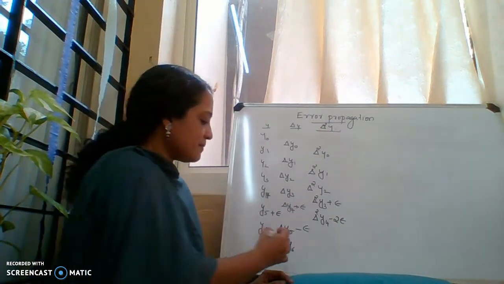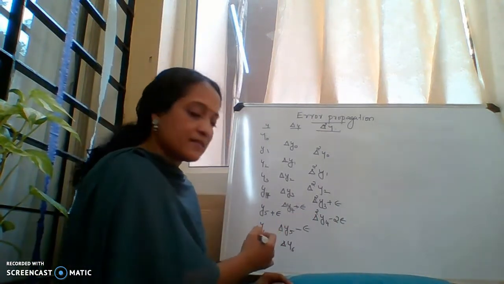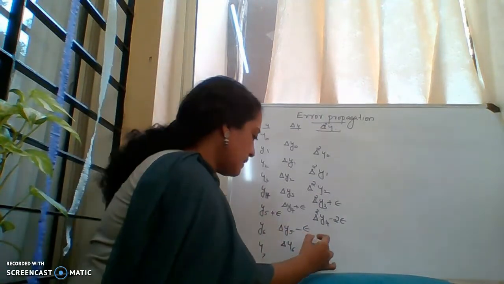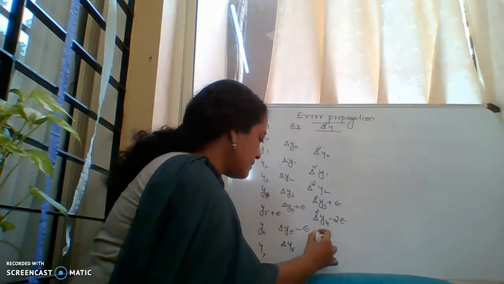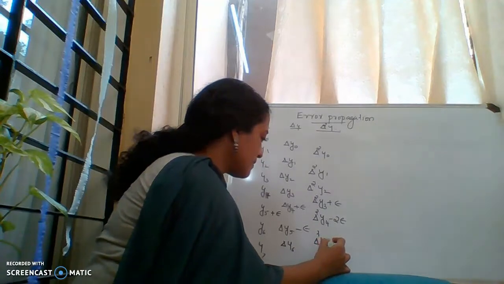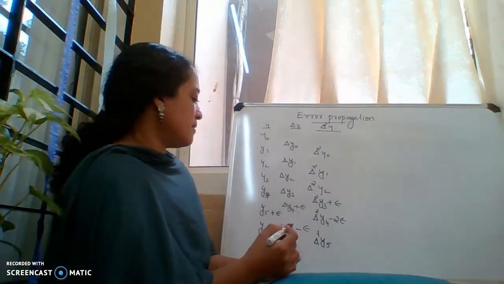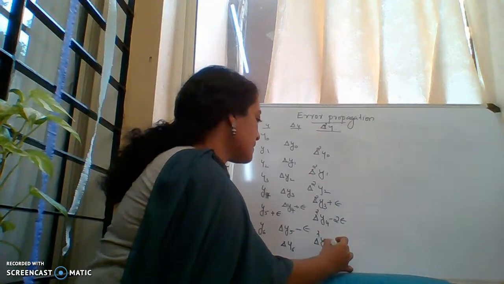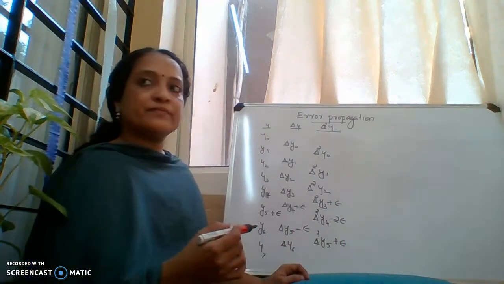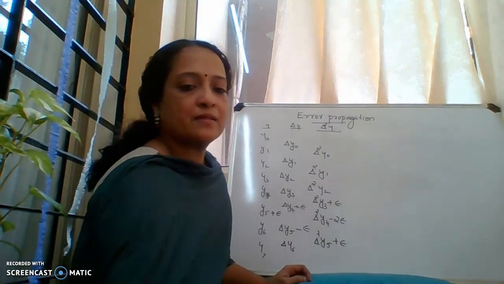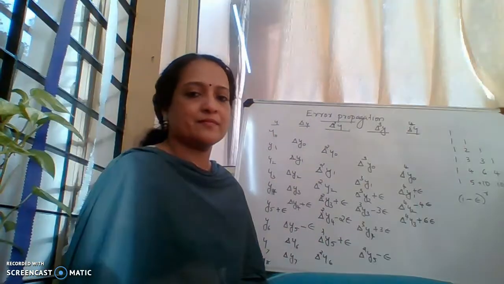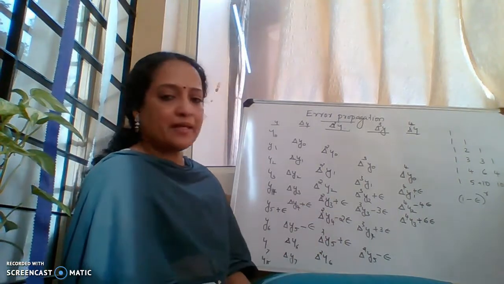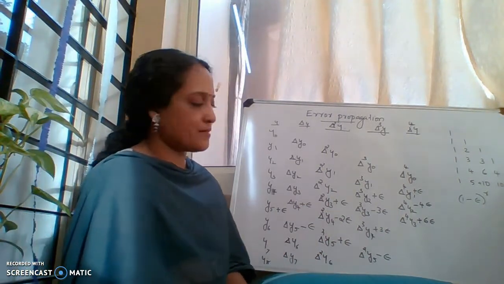Then next is del y6 minus del y5 minus epsilon, or that is equal to del square y5 plus epsilon. So in this manner, we can complete the entire higher order differences.